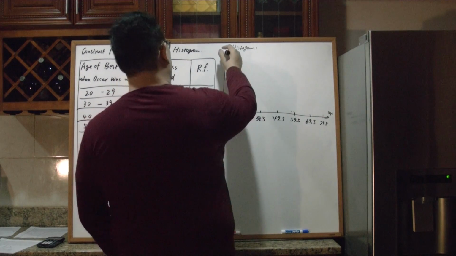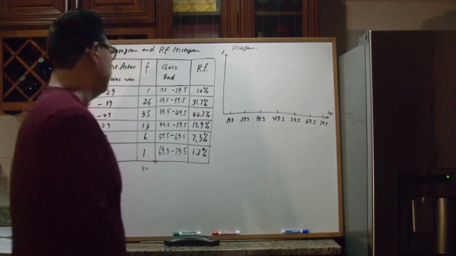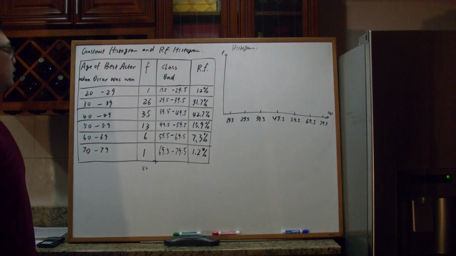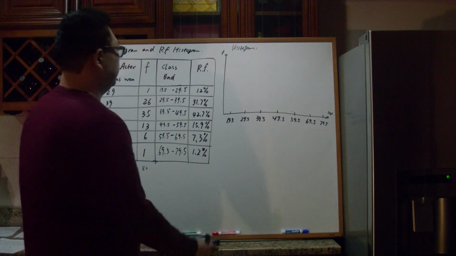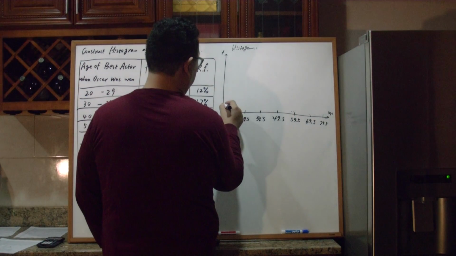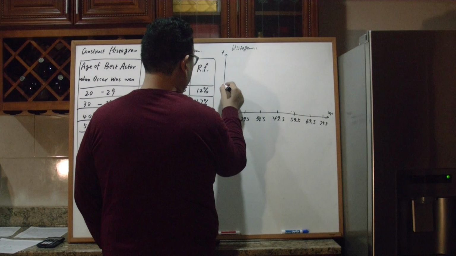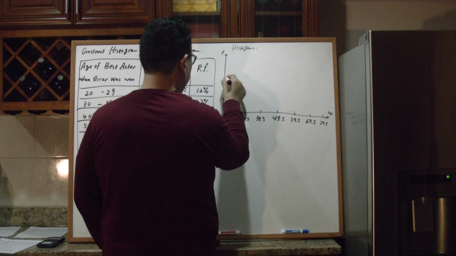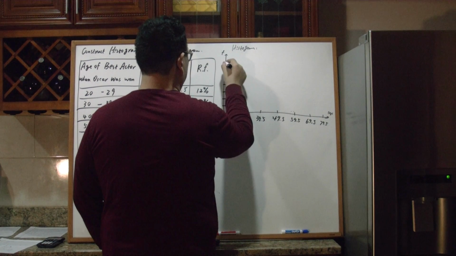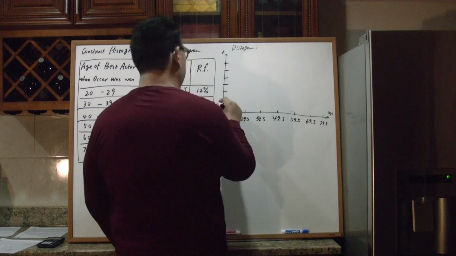Then the vertical scale is the frequency, which goes up to 35 still, with 5 as a gap.